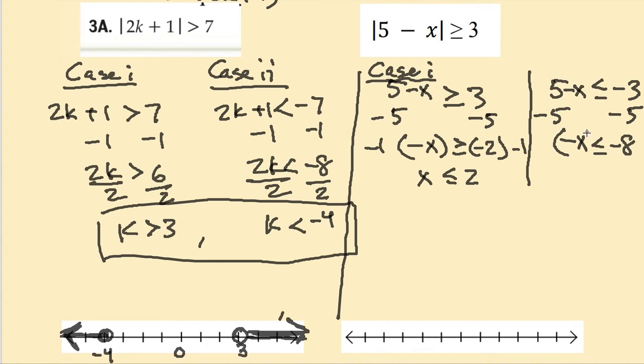And then if we multiply both by negative 1, and I can't really fit that in there, but we're going to try it anyway. So x, sorry, my bad, we have to turn it: greater than or equal to 8. So x is less than or equal to 2, or x is greater than or equal to 8.